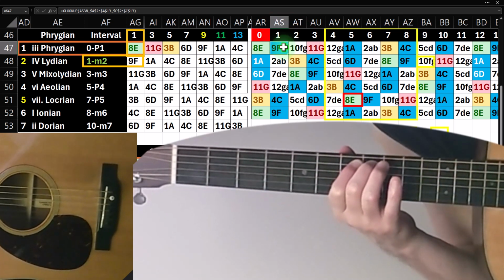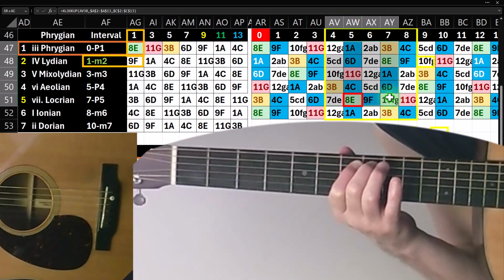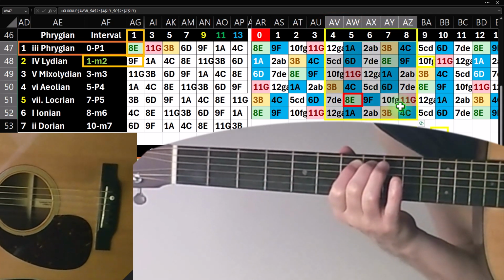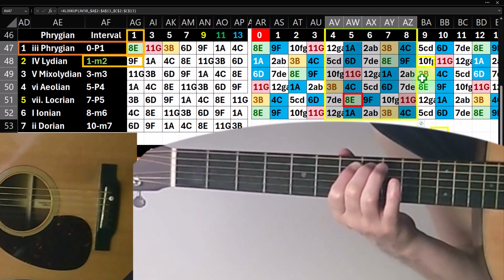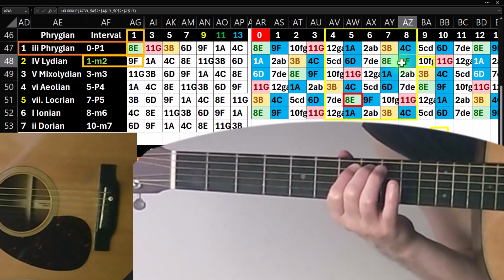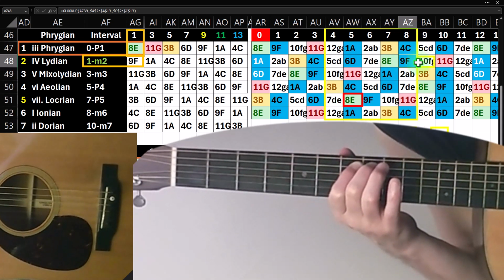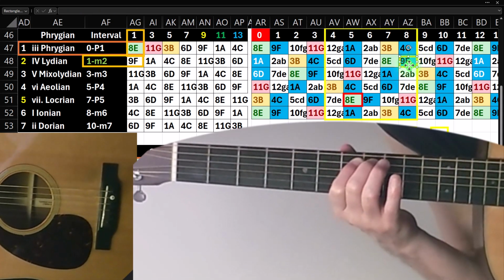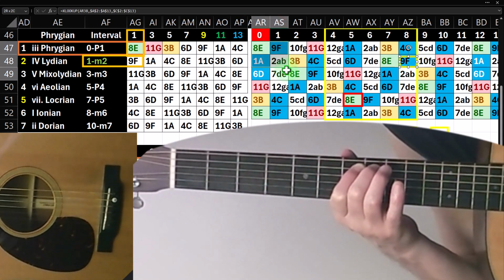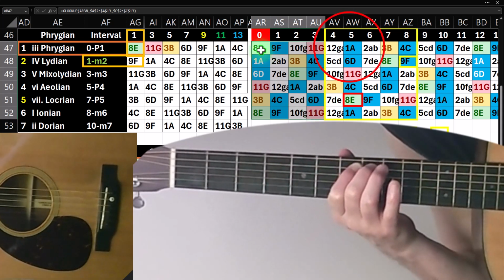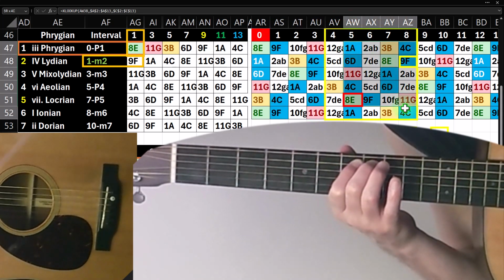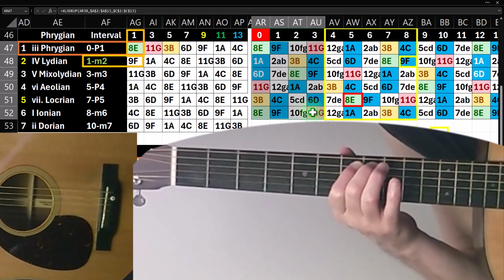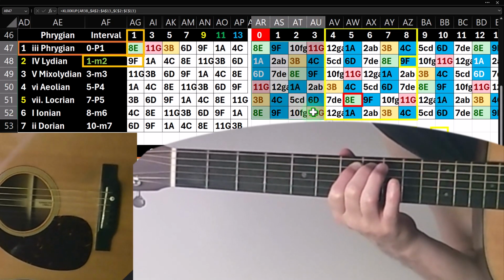But what if I just want to convert this shape where I'm already at to an F minor? Well, if I know that this shape is equivalent to the F Phrygian, I could just take all of the... I'm sorry, not the F. I was looking at the E. The E shape would be over here. If I played this E shape and played the same notes here, or the same shape on the E, I would be playing an E minor shape.